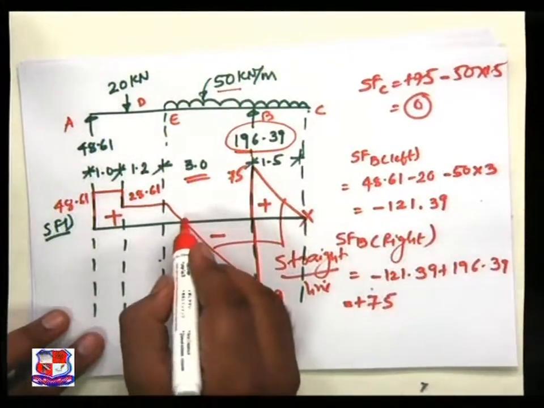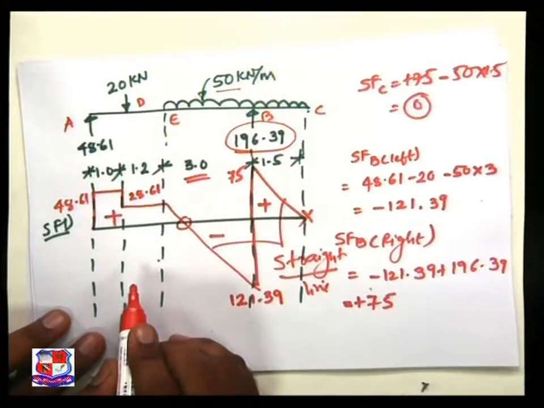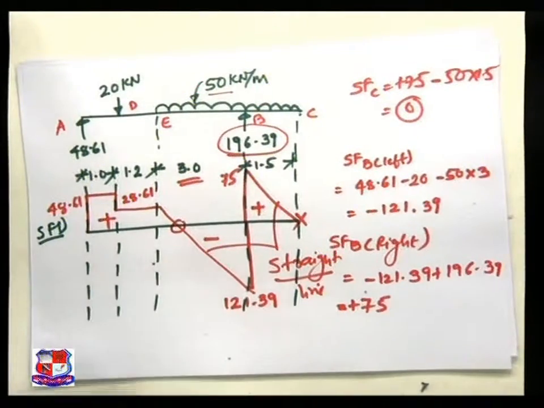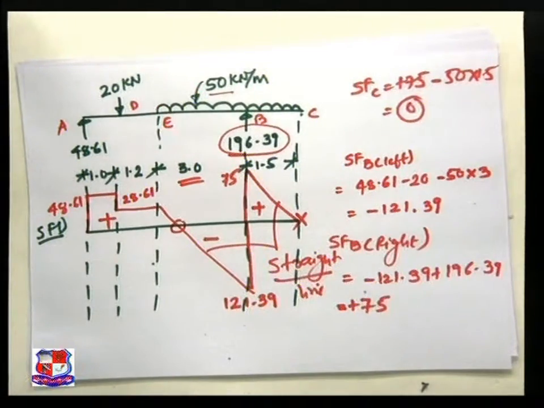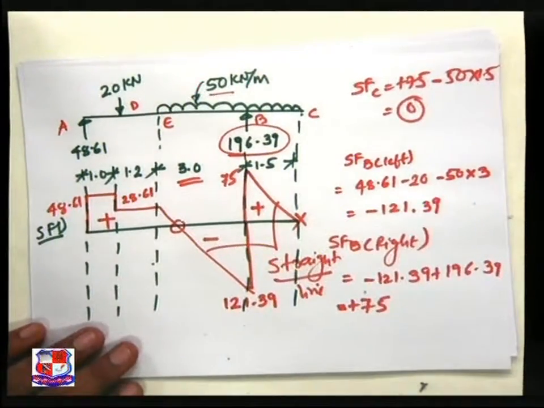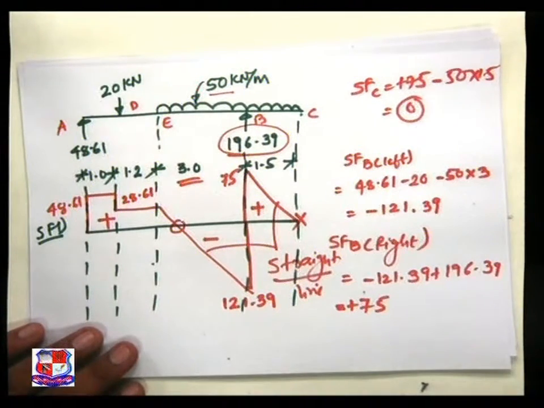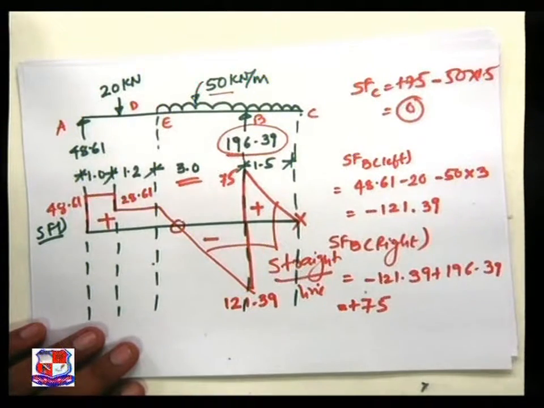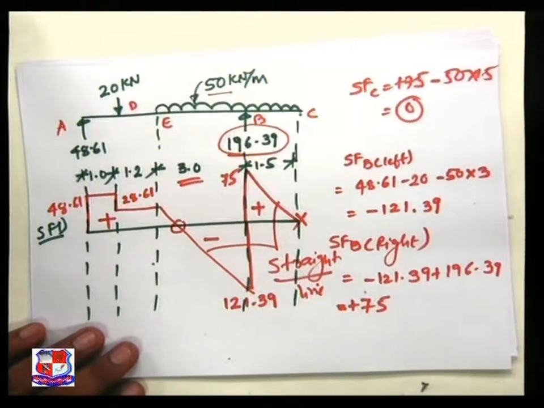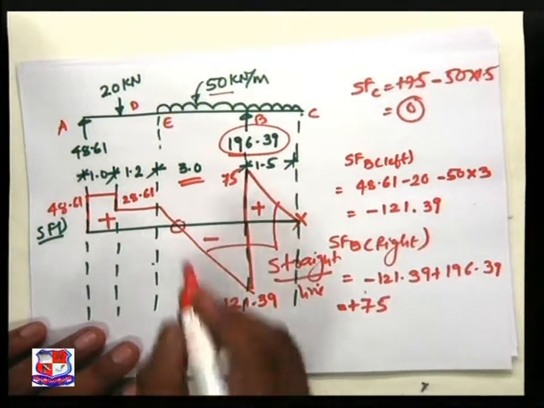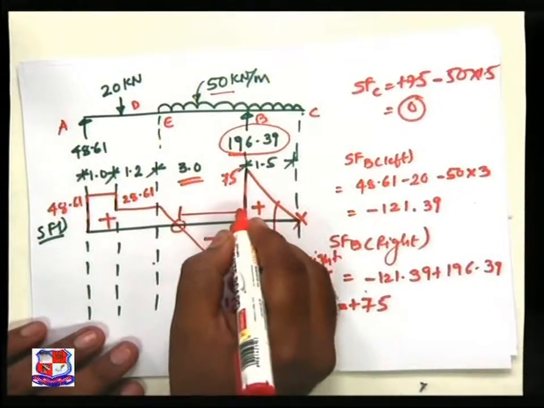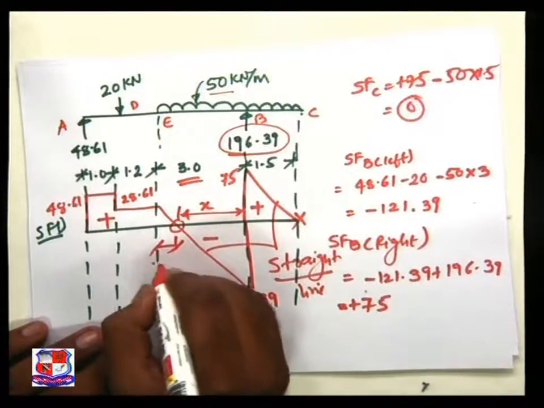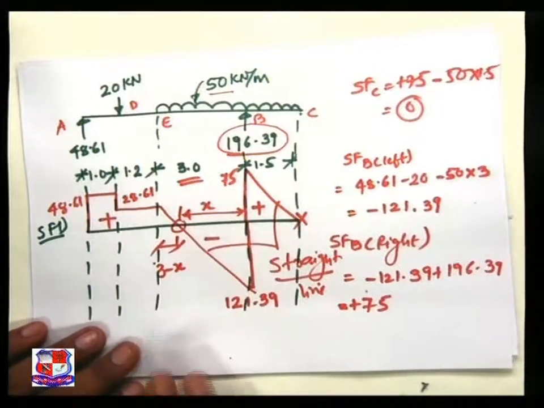Now this point is very much interesting for us. It is known as the point of zero shear. At the point at which the shear force is 0, we can achieve maximum bending moment. Let this distance be x, so this distance is 3 minus x.